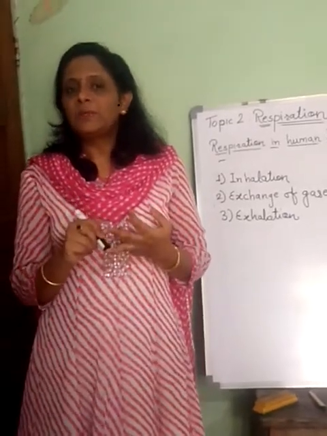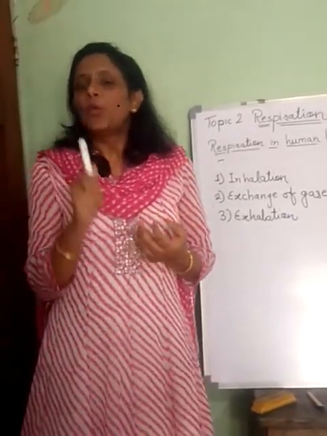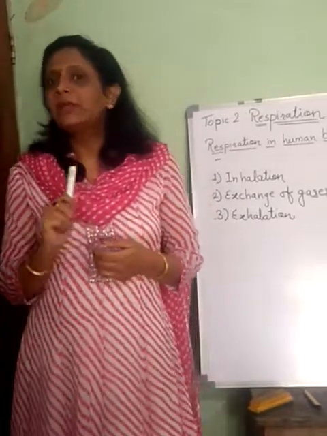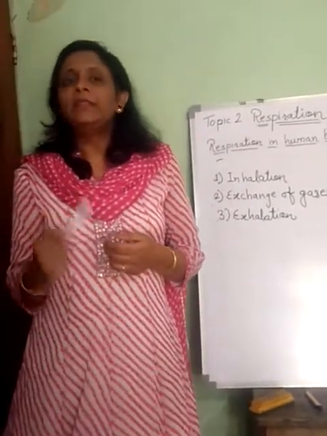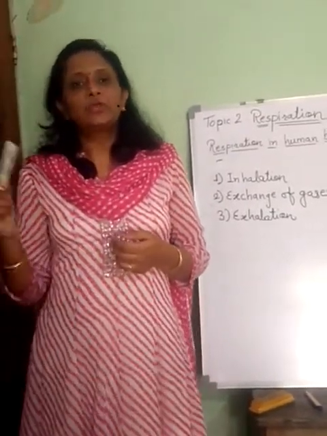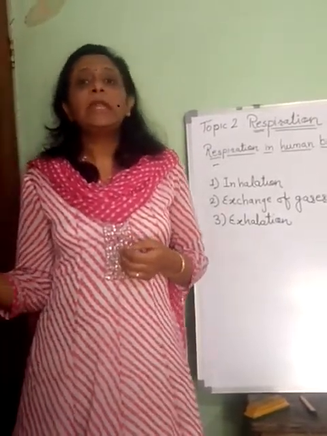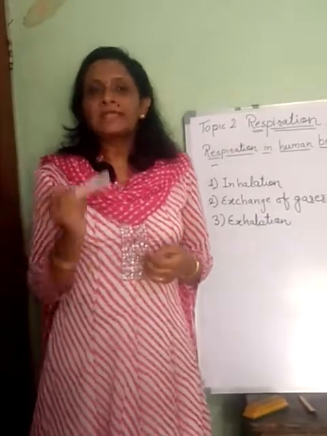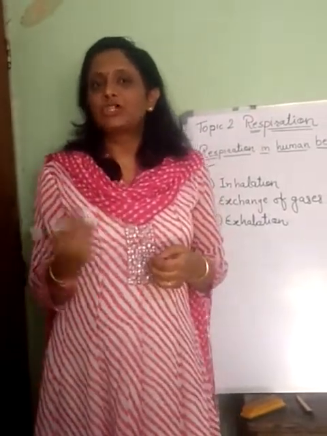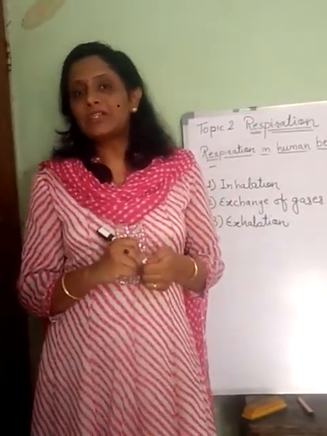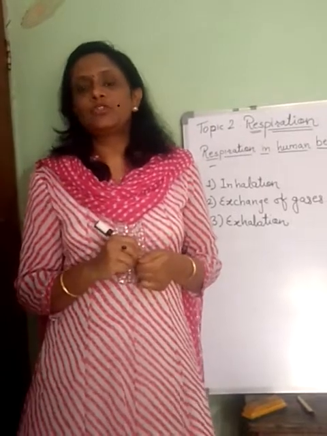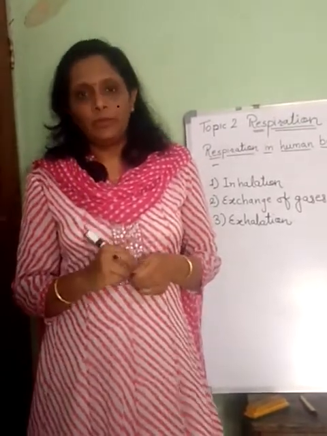In both aerobic and anaerobic respiration, one process is common, that is glycolysis. Aerobic respiration leads to complete oxidation of glucose, which releases 38 ATP molecules, whereas anaerobic respiration leads to incomplete oxidation of glucose, which leads to the formation of only 2 ATP molecules.